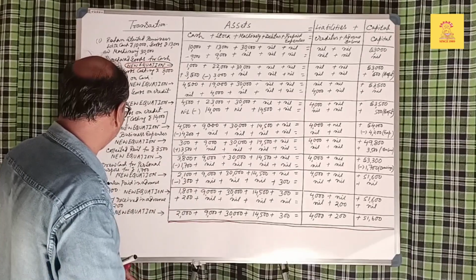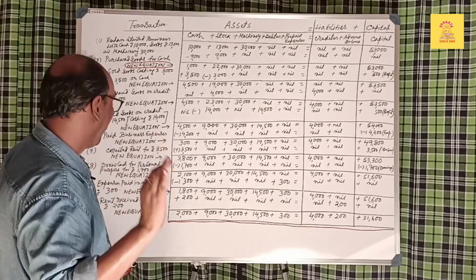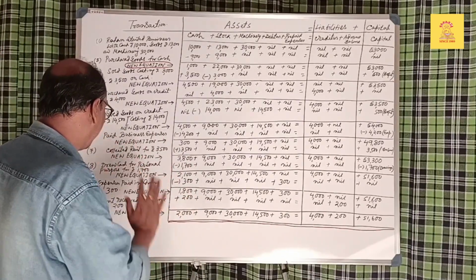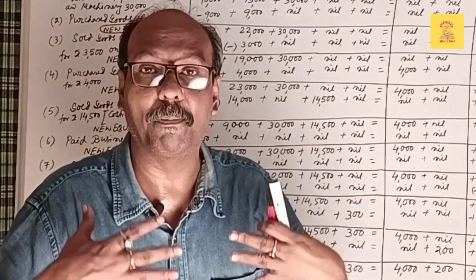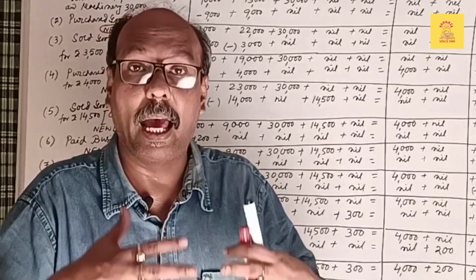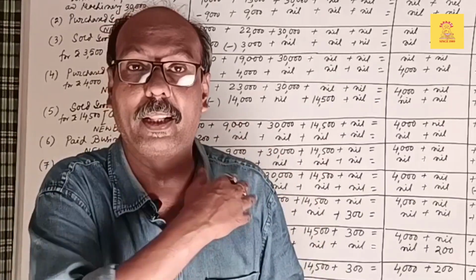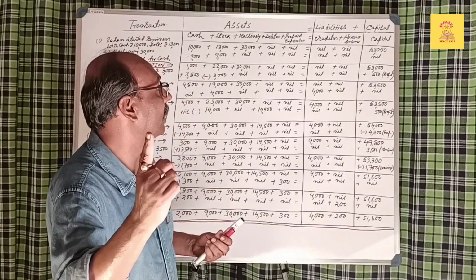The same thing, rent received in advance. Anything you have received in advance means you have got the responsibility. The entire responsibility has been imposed on your shoulder, that you will have to pay the things. That's why it is your liability for the time being.